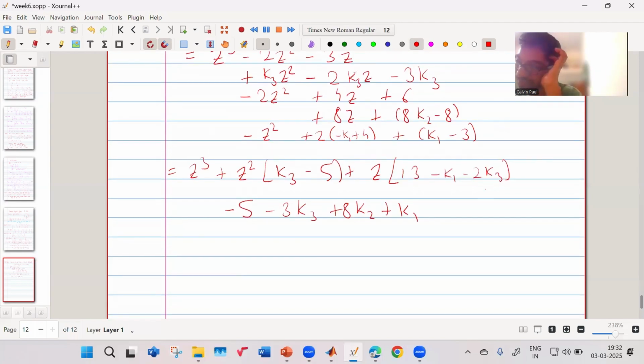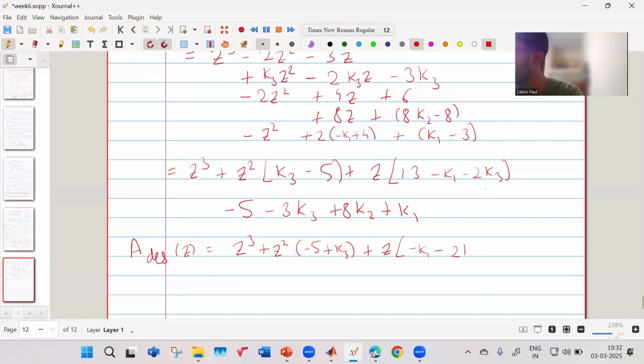Okay, so we got this, and this is our A design of z. We got it in this format: z cube plus z square into (minus 5 plus K3) plus z into (minus K1 minus 2K3 plus 13) plus (minus 5 plus K1 plus 8K2 minus 3K3).